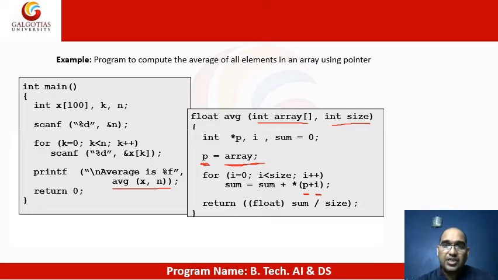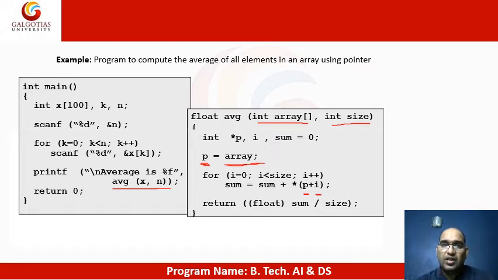In the second iteration, i will be equal to 1. So p + 1, if it is an integer pointer, will be an increment of 4. Naturally the next address in the array will be the current one plus 4, and the value stored at that address will be returned. So it returns the value at the second location of the array, that is index 1, array[1].